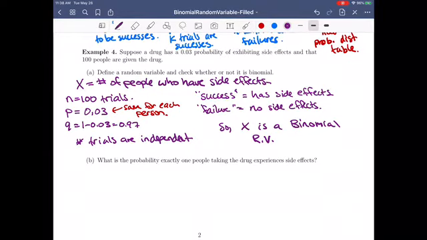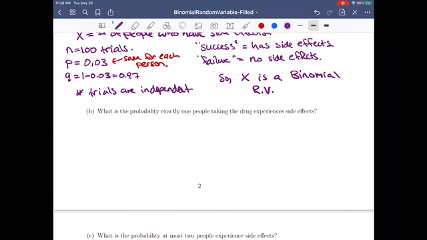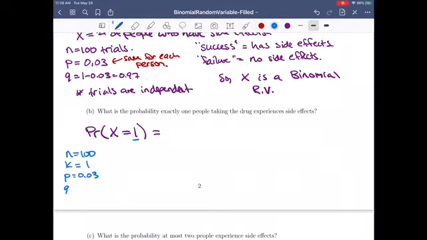Now, it wants to know what is the probability exactly one person taking the drug experiences side effects. So what we're looking for is the probability that capital X equals 1. Well, we have a binomial random variable, so we can use the formula. So n is 100, our k is 1, that's the value we're interested in, p is 0.03, and q is 0.97.